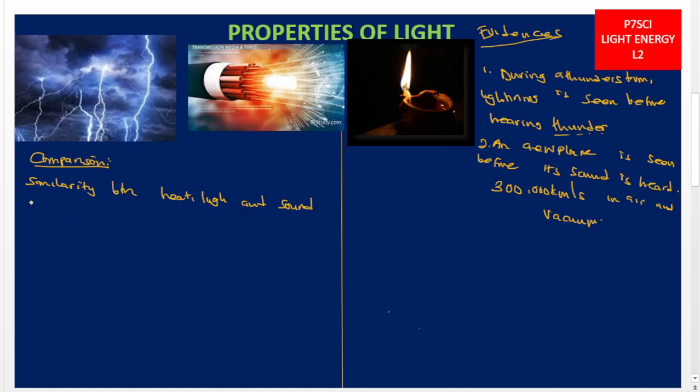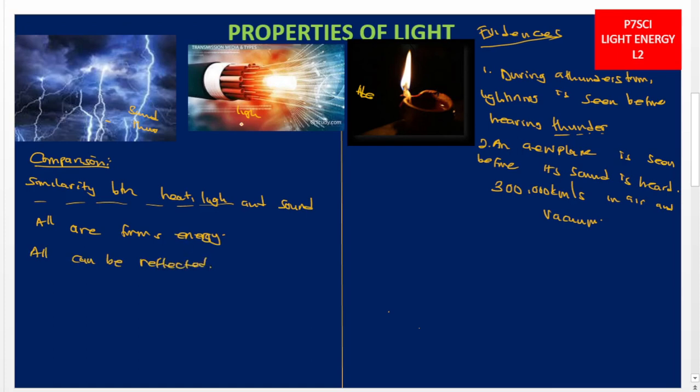Now, how are they the same? Here we have light, here we have heat, light energy, and also here we have sound, that is the thunder, because this is lightning. How are they the same? All three are forms of energy. Yes, they are all forms of energy, and two, all three can be reflected.